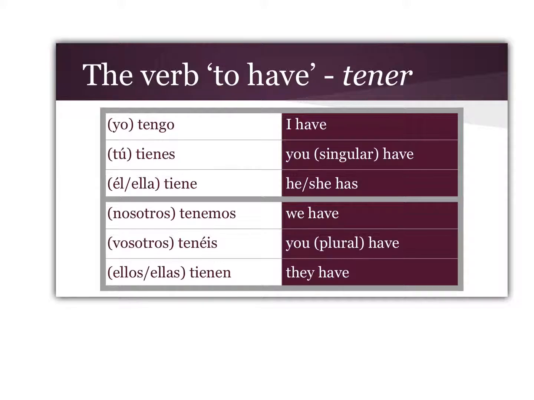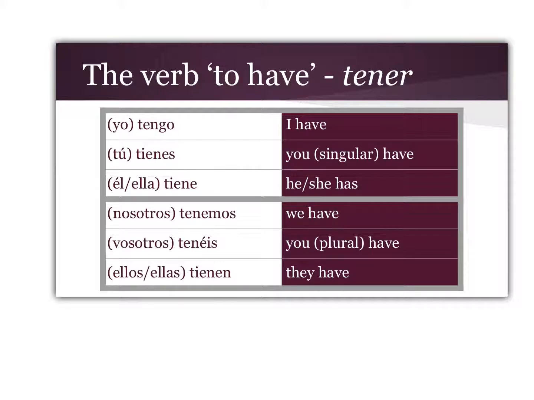With regular verbs, the verb is formed, conjugated in its different persons, in a pattern which matches lots of other verbs. But with an irregular verb like tener, the forming of the different persons of the verb doesn't follow a predictable pattern. So we can see, for example, that a G comes in the first person, the I form.